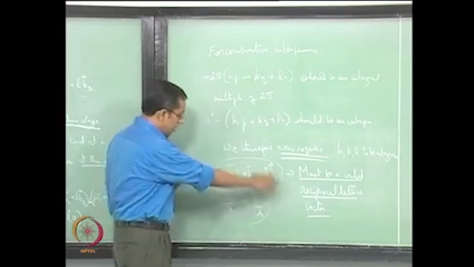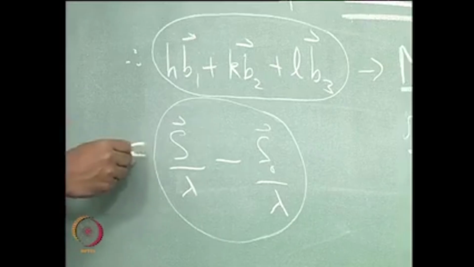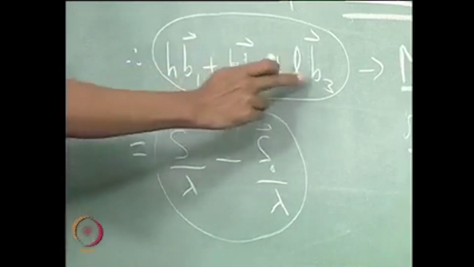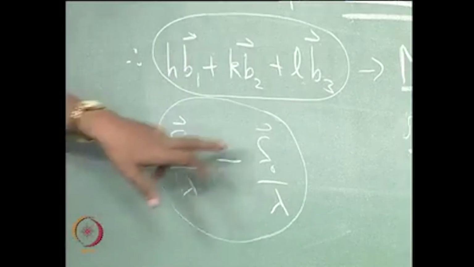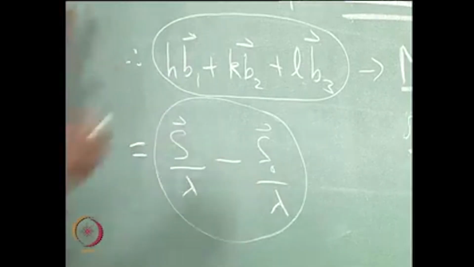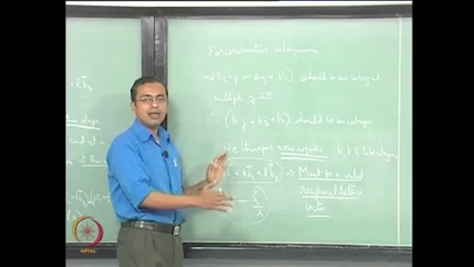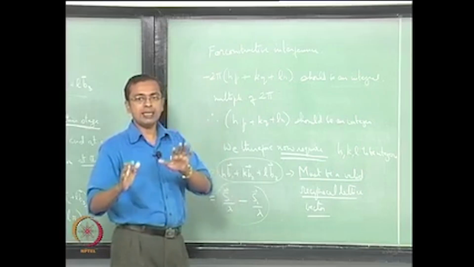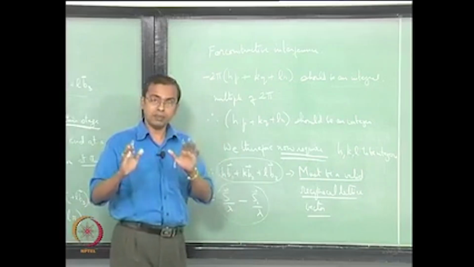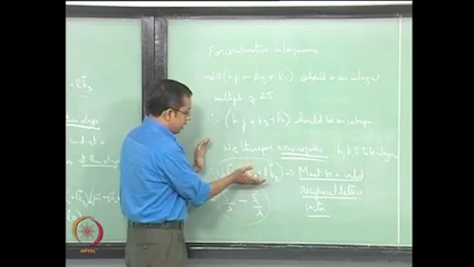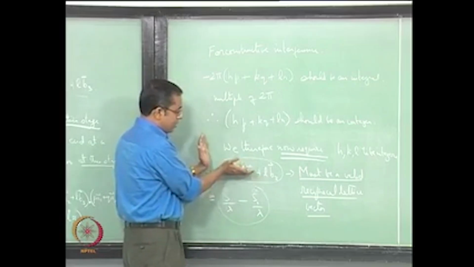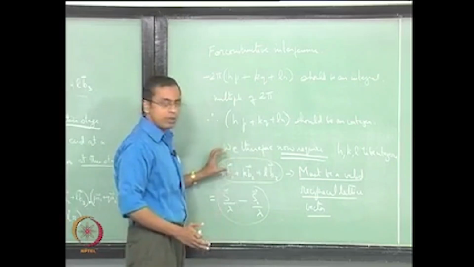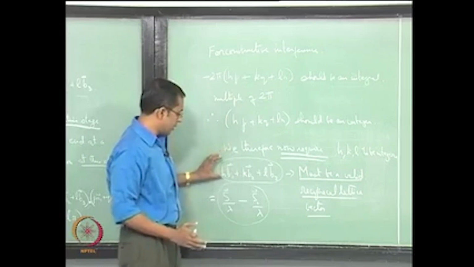So we find that this equation, h b1 plus k b2 plus l b3 is equal to S by lambda minus S naught by lambda. That equation gives us the condition for diffraction as indicated in the reciprocal lattice, in the reciprocal space notation. We have the reciprocal lattice vector representing information about the reciprocal lattice on one side of the equation.